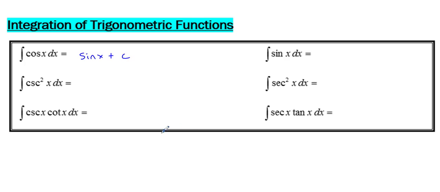So you can always check this. What's the derivative of sine? Cosine. If you take the derivative of your antiderivative, do you get the argument of the integral? You can always check these.